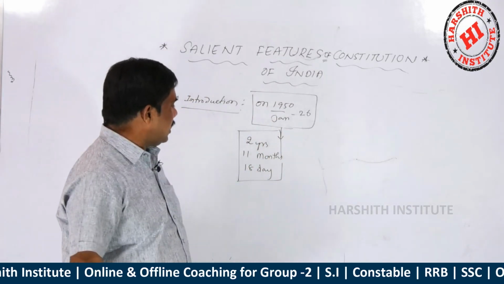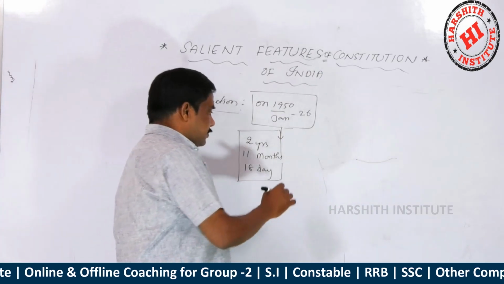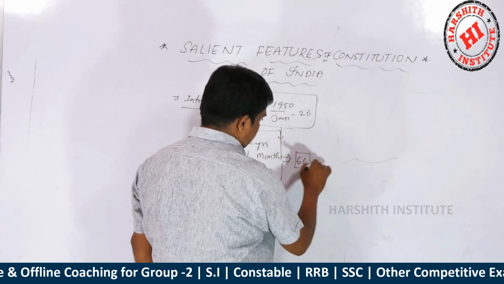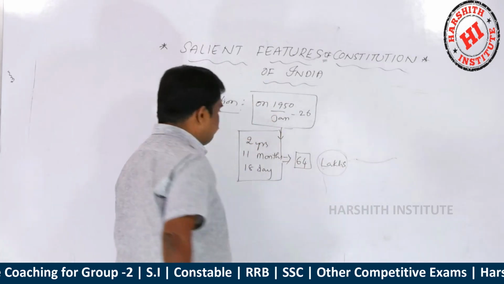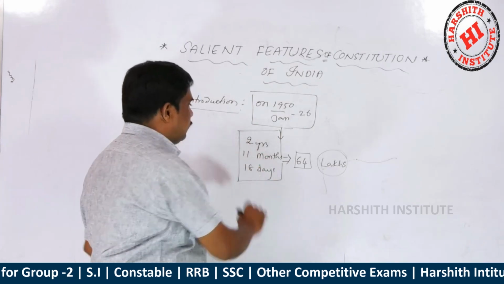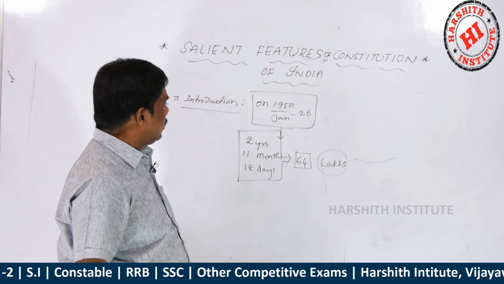How much expenditure? 64 lakhs. So 2 years, 11 months, 18 days, and 64 lakhs of expenditure, right?